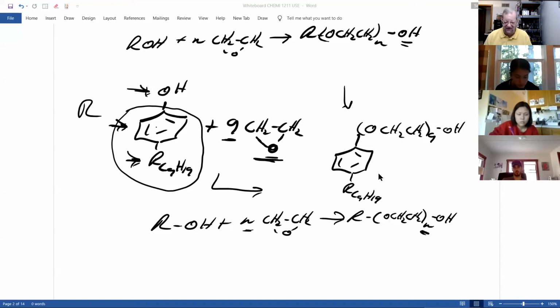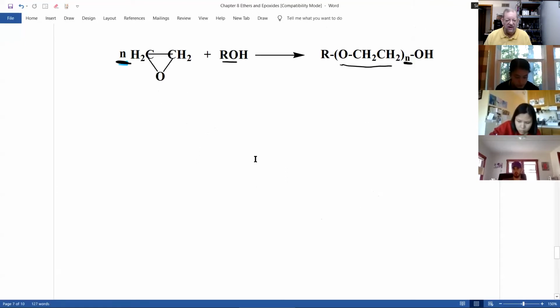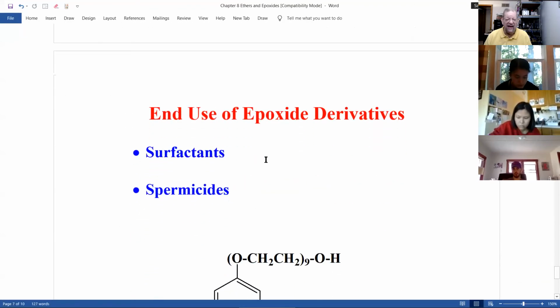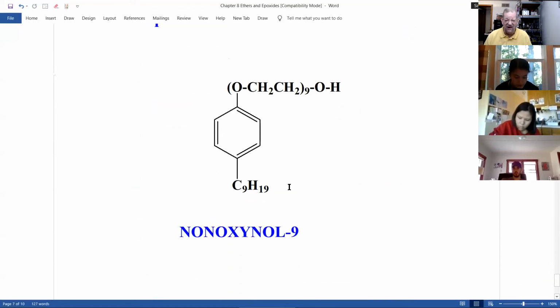Well, let's look at the molecule you just made right here. That molecule has a trade name, nonoxynol-9. It comes from nonyl, this C9H19 R group is called the nonyl group, and the 9 comes from 9 moles of ethylene oxide.